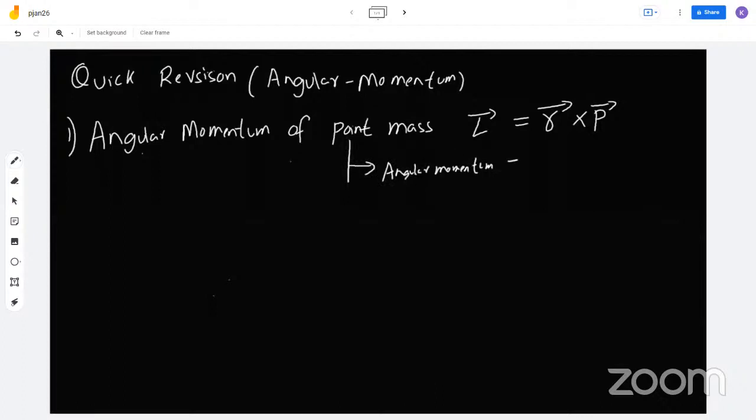So angular momentum is equal to linear momentum into perpendicular distance.